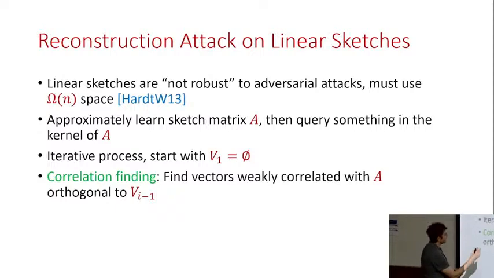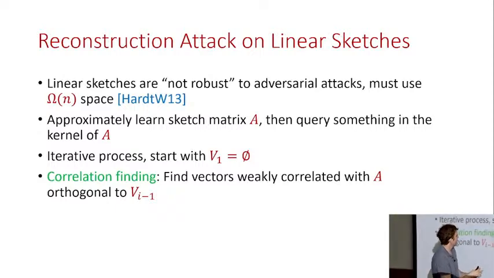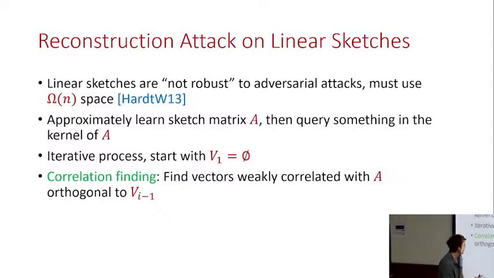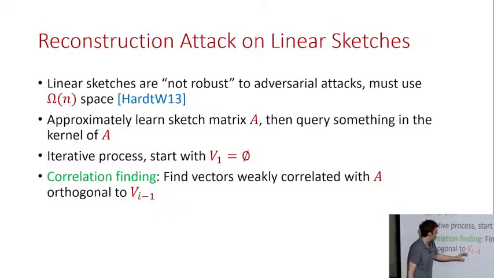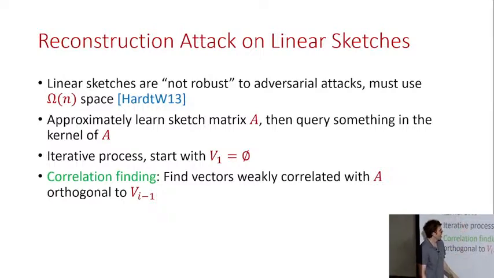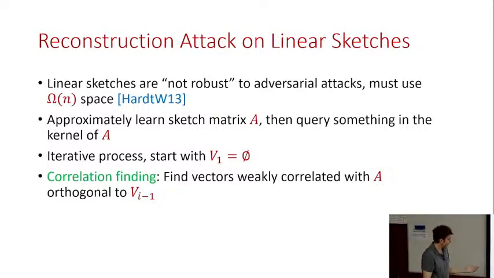And it tries to find vectors that are slightly more correlated with A than random. So at the very beginning, V1 is the empty set, and it's trying to find V2. It's trying to find vectors which are slightly more correlated with the row span of A than just random vectors.